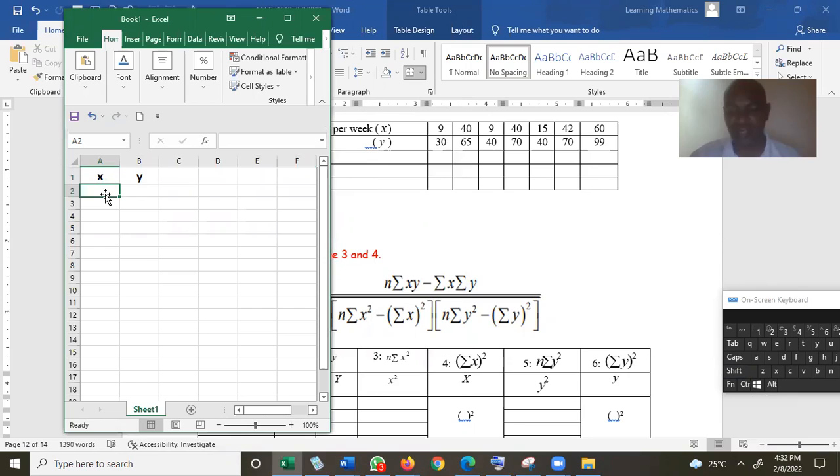Continue multiplying X by Y manually using your calculator. These are the X's. All right, let's verify. 60, 42, 15, 49, 49, 30, 65, 40, 70, 40.